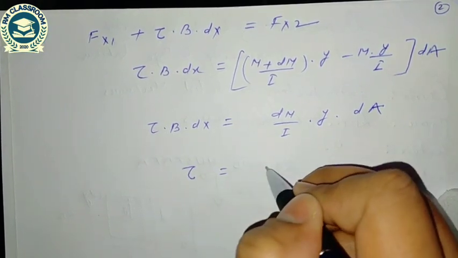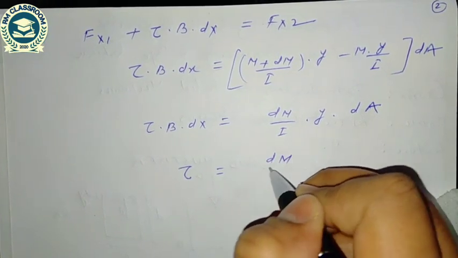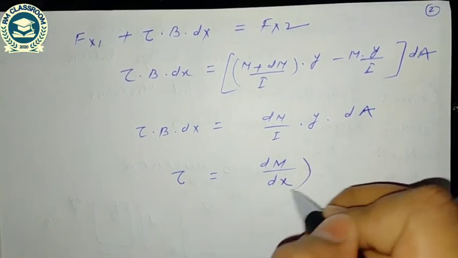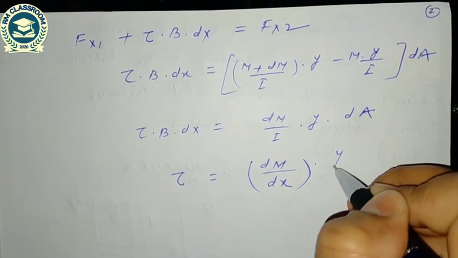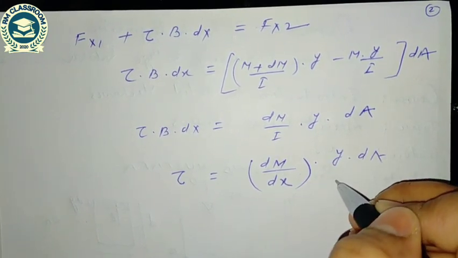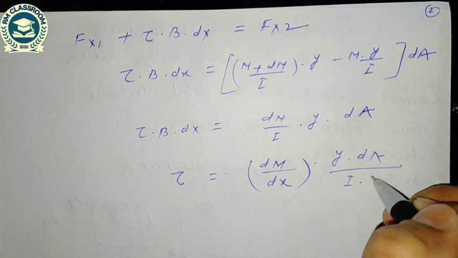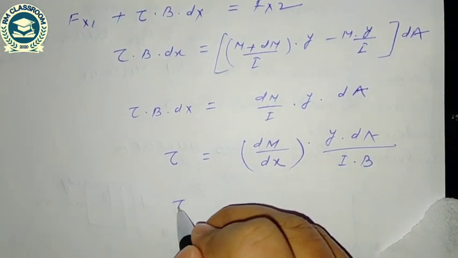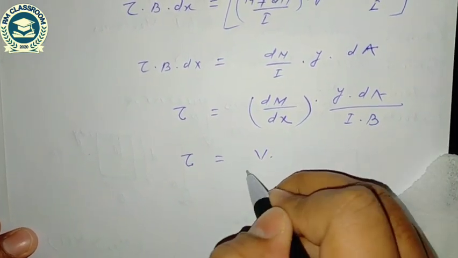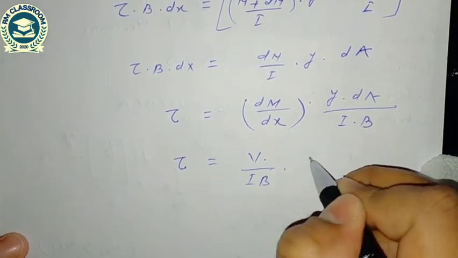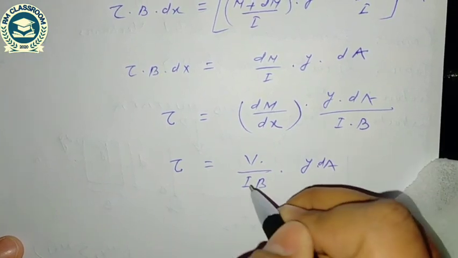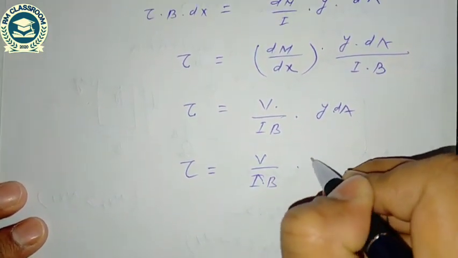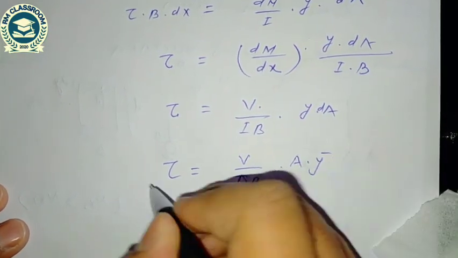So tau is equal to dM by dx into y into dA divided by I into b. We know dM by dx is the shear force, so tau is equal to V upon Ib into y into dA.